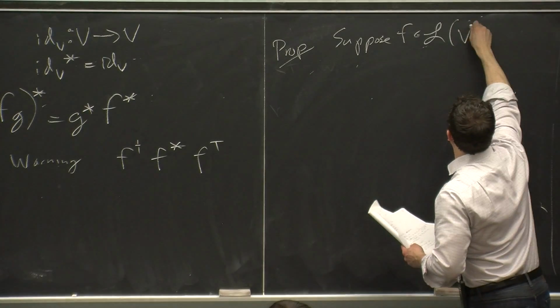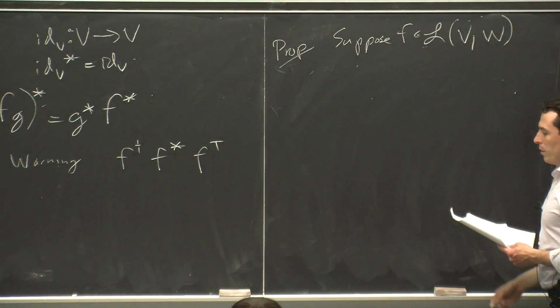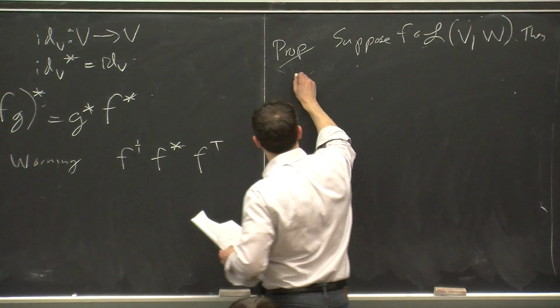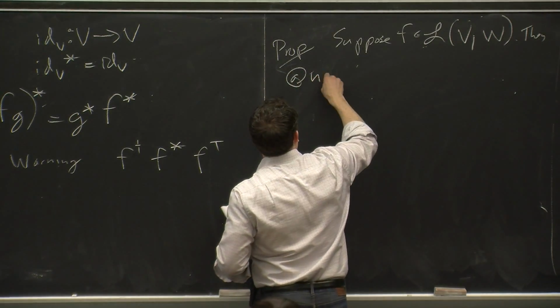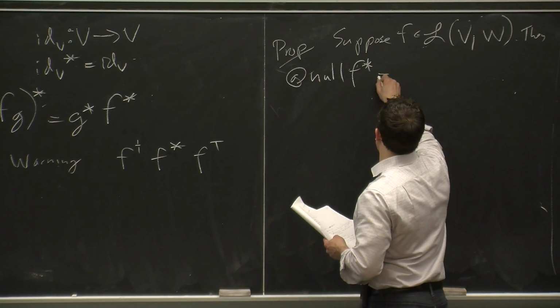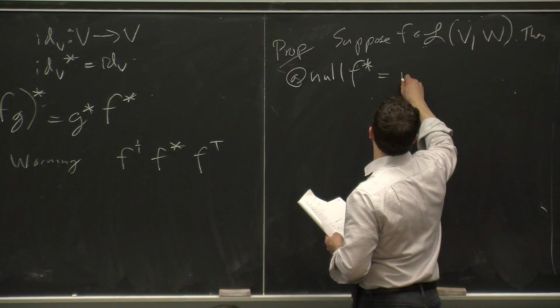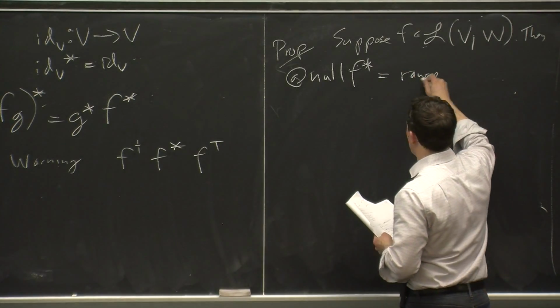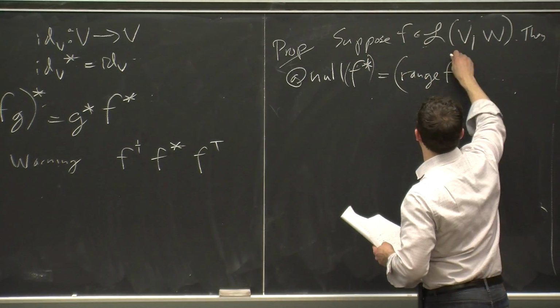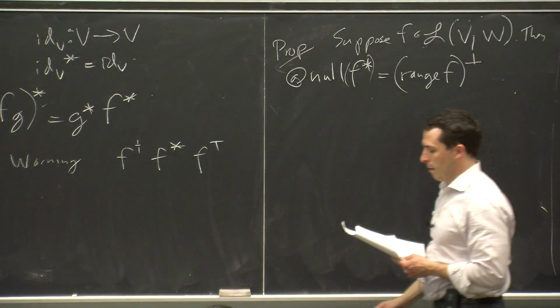Suppose I have a linear transformation from V to W. Then the null of F star, the null of F adjoint, is equal to the range of F's orthogonal complement.